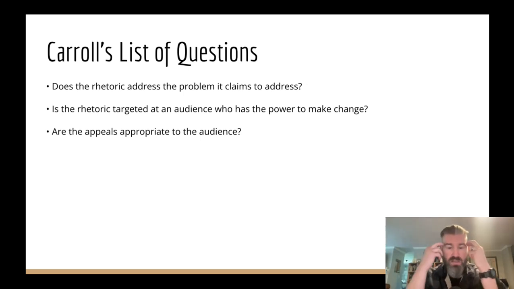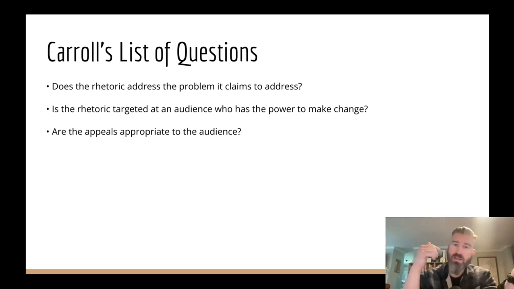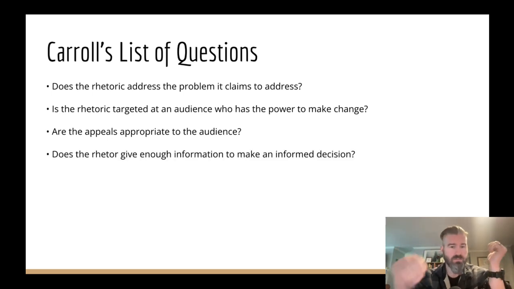And again, this goes back to that metaphor or analogy of clothing, right? Does it match the situation? If we are talking to, say, a school board, statistics might make more sense than personal appeals. But if we're talking to a friend, statistics are probably not going to be the most effective.